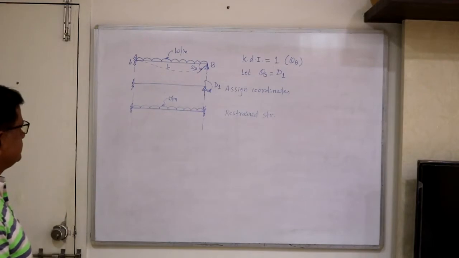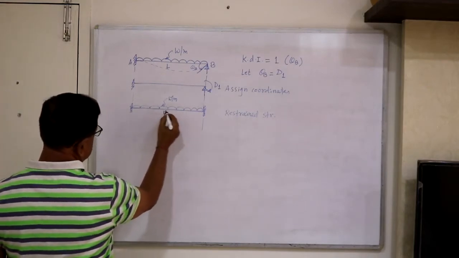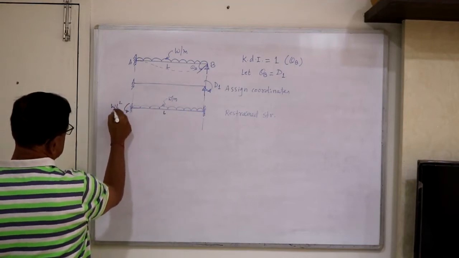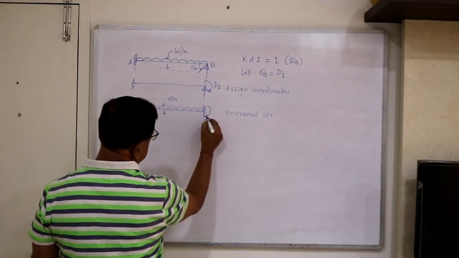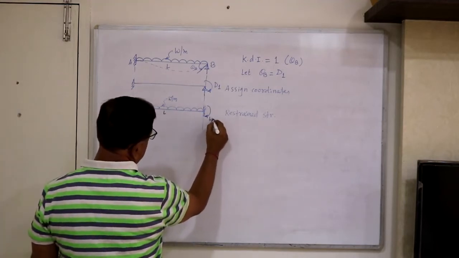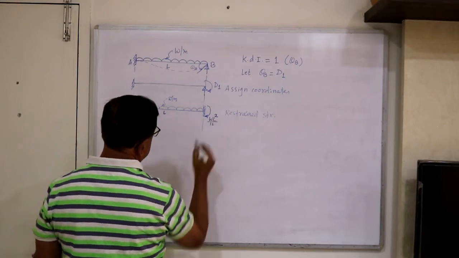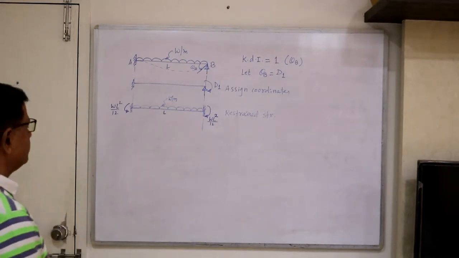Then find out the fixed end actions. Say this is L. At the left hand we have wL²/12 anti-clockwise, and at the right hand we have wL²/12 clockwise. So these are the fixed end actions that we know.